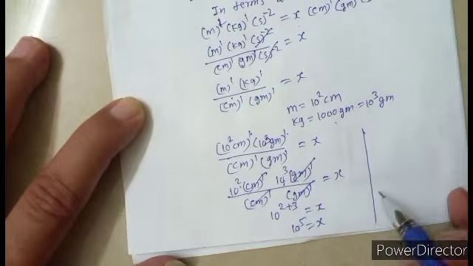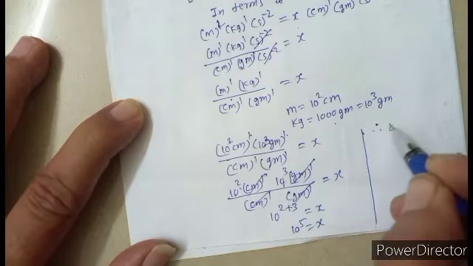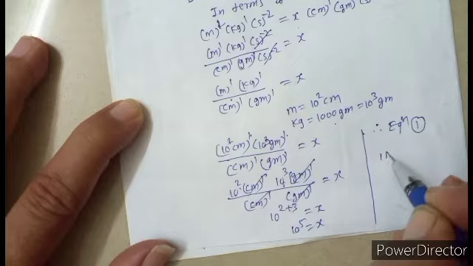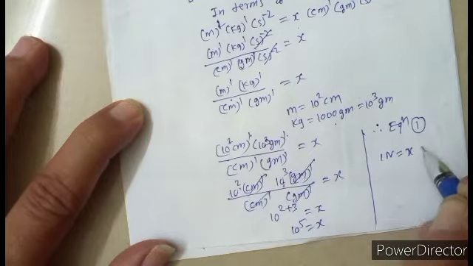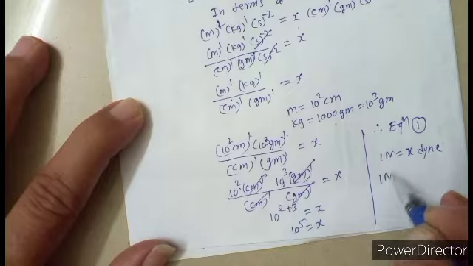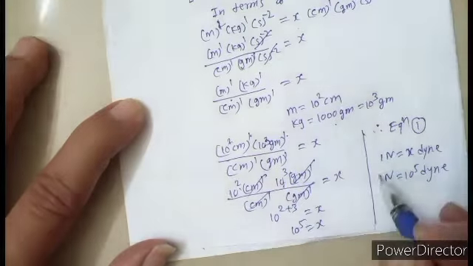Substitute this value in equation 1. What is equation 1? 1 Newton is equal to x dyne. Now x value is 10 raised to 5, so 10 raised to 5 dyne.